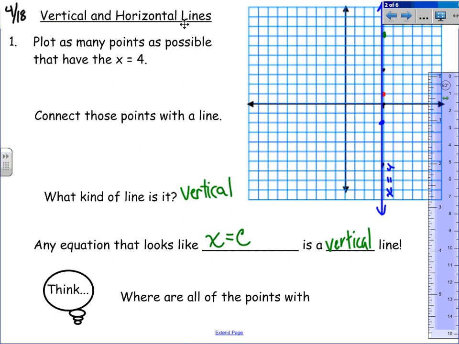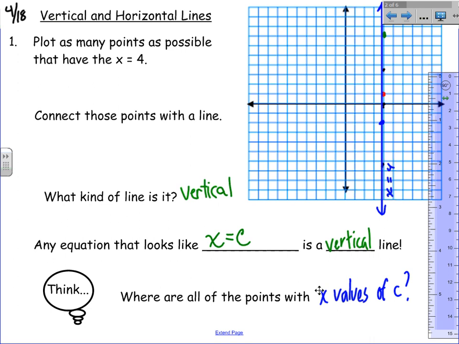I have to go to all of the places on the graph where x equals 4, and it's a vertical line. So I'm telling you this, full disclosure, you know that it's going to be a little weird, and you're going to have to wrap your brain around it, okay? One way I suggest is this. Think, where are all of the points with x values of c, whatever particular number it is?